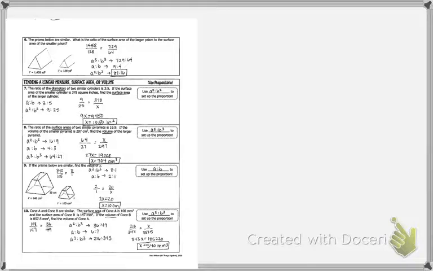The original is A colon B. It is 3 colon 5. They're showing you here. And what they want to know is surface area. So that means if this is original, area is going to be A squared to B squared.